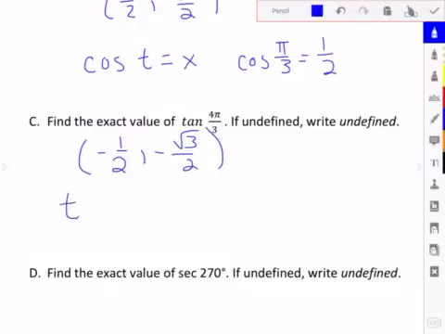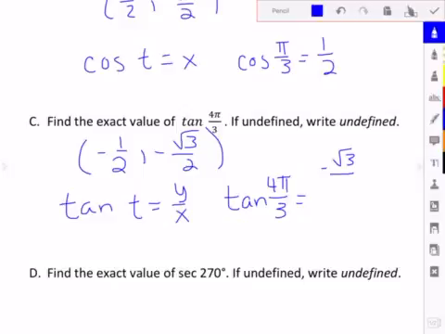And tangent t is equal to y over x. So we would say tangent of 4 pi over 3 is negative square root of 3 over 2 over negative 1/2.